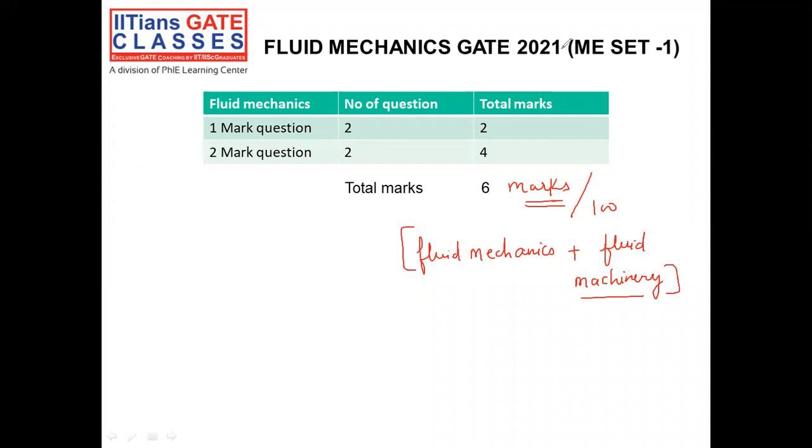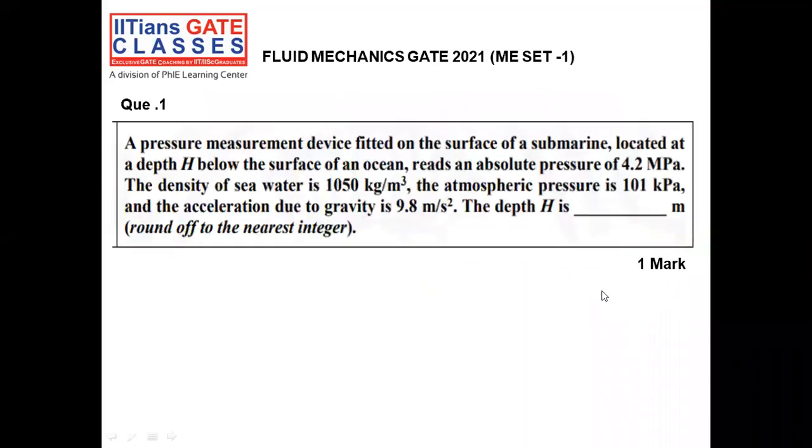Now, coming to question number 1, which is a 1 mark question. It says there is a submarine, and a pressure measurement device fitted onto the surface of the submarine, which is located at a depth of h below the surface of the ocean, and it is reading an absolute pressure of 4.2 megapascal.